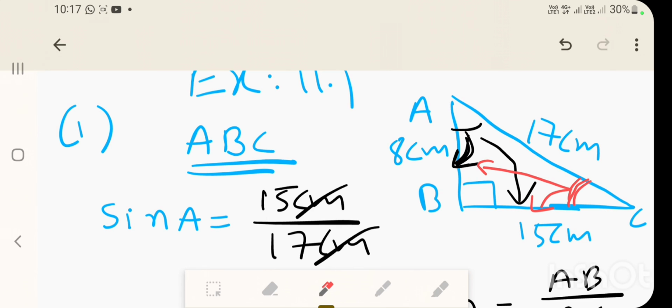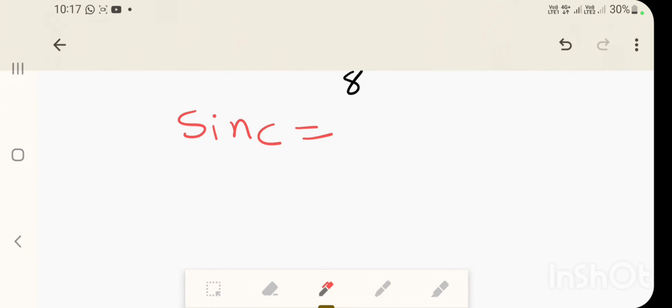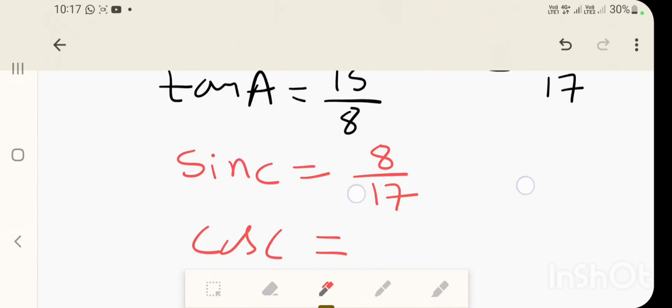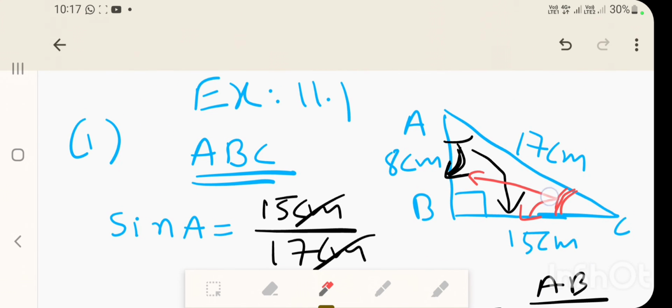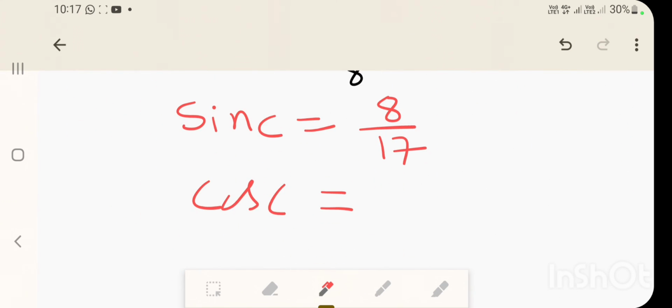So sin C is the opposite side length divided by the hypotenuse, that is 8 centimeters by 17. And for cos C, you have to find the adjacent side length, that is BC for angle C, which is 15, divided by the length of the hypotenuse, which is 17.